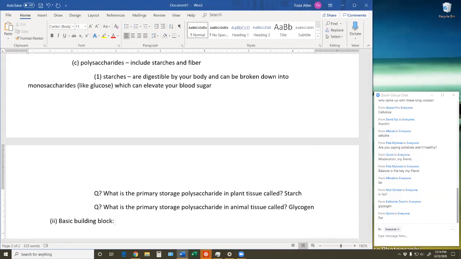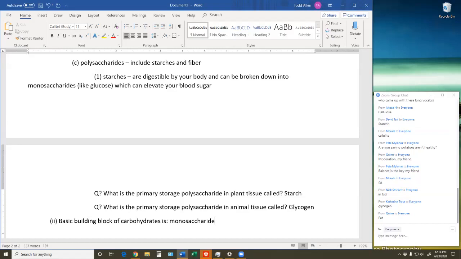The basic building block for the polysaccharide or the oligosaccharide is the monosaccharide. The basic building block of all carbohydrates is the monosaccharide.